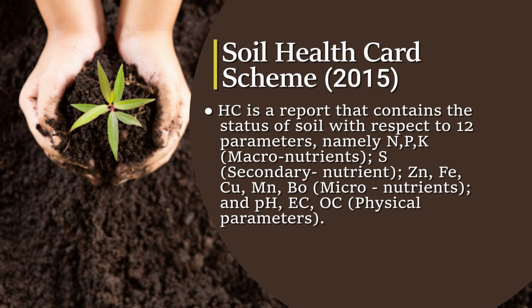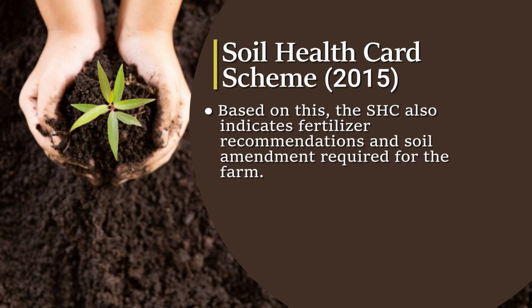We are very commonly using NPK fertilizers, and then other micronutrients like zinc, iron, copper, manganese, and boron, and the secondary nutrient sulfur. These 12 parameters are used to indicate the status of soil under the Soil Health Card scheme.